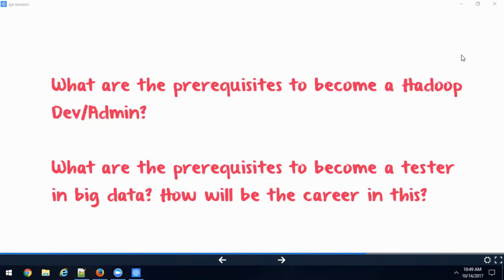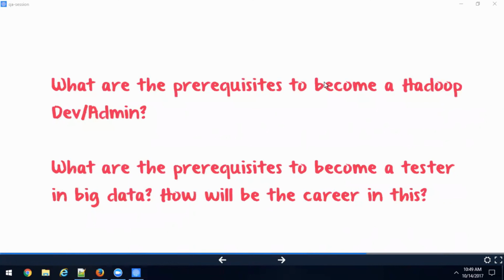But the problem is you're taking an efficiency hit, because now you're consuming the network, that is one, and also your job has to wait for the data to come in. So those are the two big disadvantages with data not being local. All right.